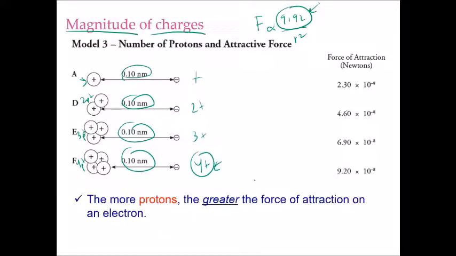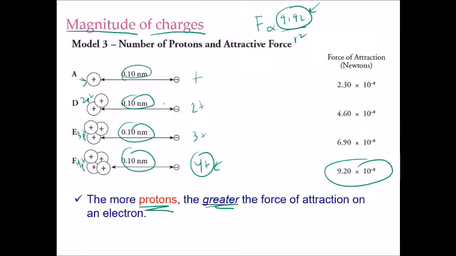Magnitude of charge much greater down here. Look at this force of attraction. It's higher. So when you add more protons, more nuclear charge, the greater the force of the attraction on the electron. That's also going to make the ionization energy higher. It's going to be harder to remove the electron.